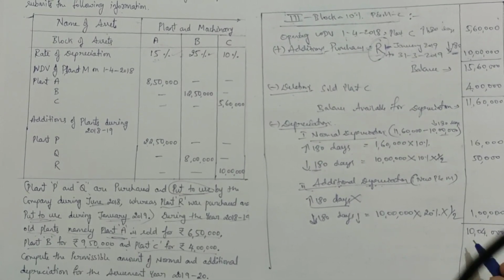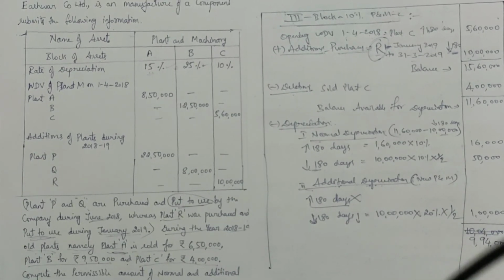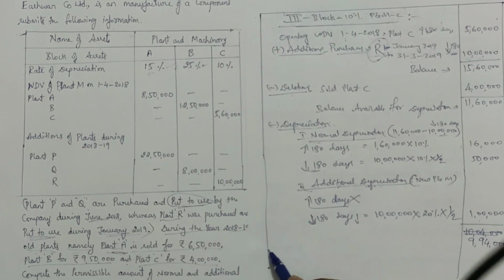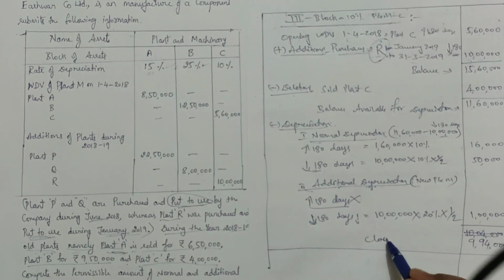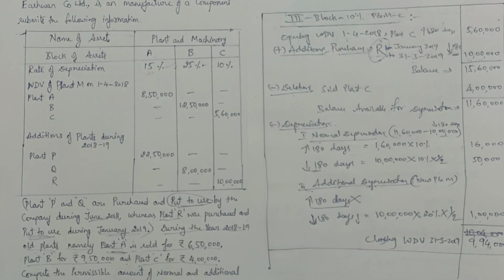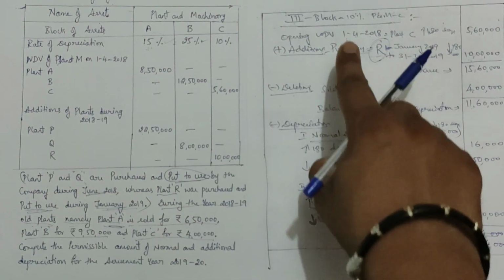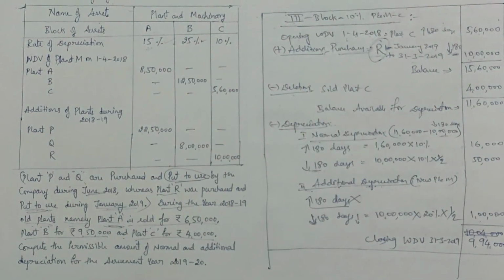So we will get 9,94,000, right? So we'll get 9,94,000 as closing written down value on 31st March 2019, right? On the closing or last day of the financial year, so we are getting 9,94,000 for block 3, that is plant and machinery C, 10% rate of depreciation, right?